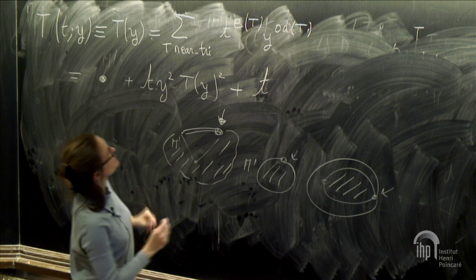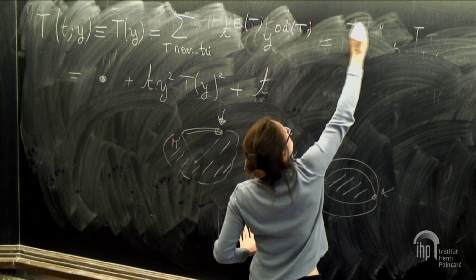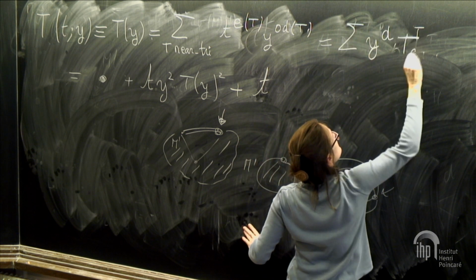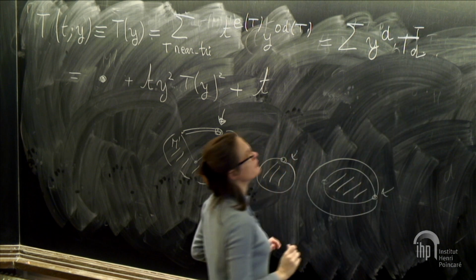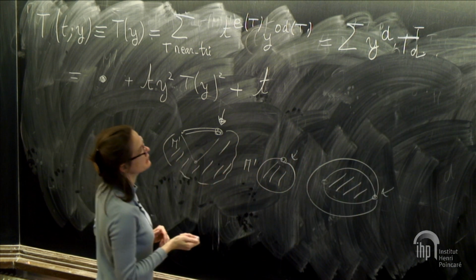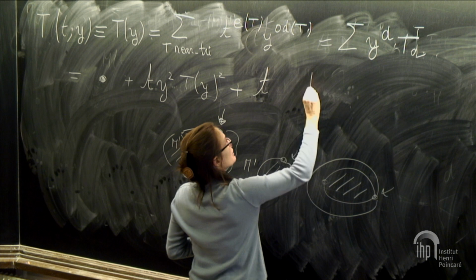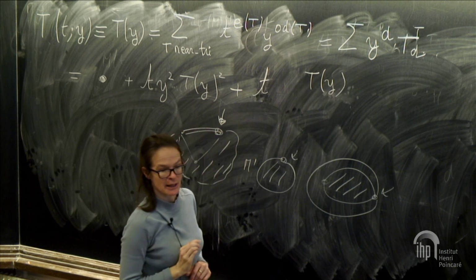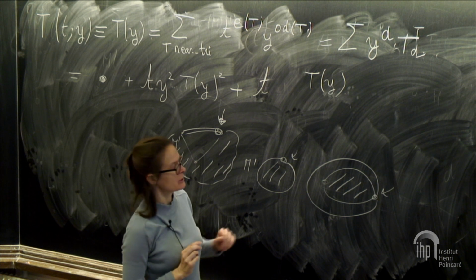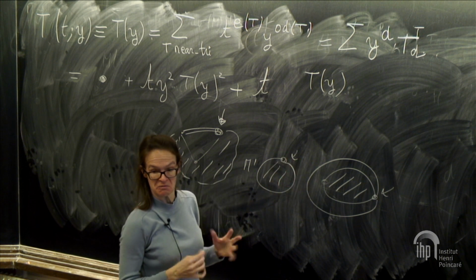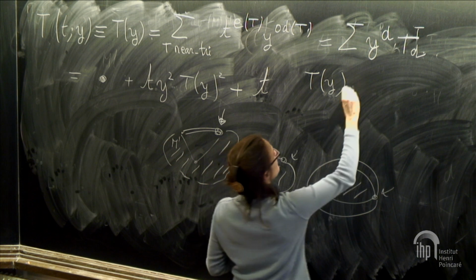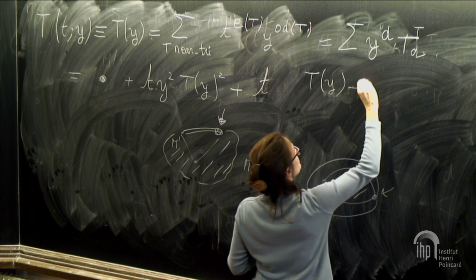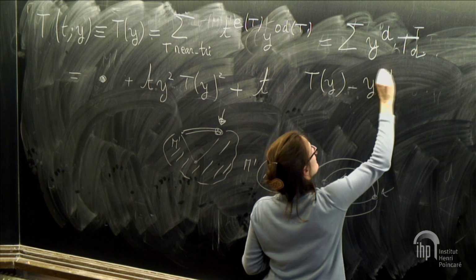Yeah, so maybe I should write this as before, as the sum of y to the d, t d, which is the generating function of near triangulations with outer degree d. So I'm being told that I take all near triangulations except those that have outer degree 1, from which there's nothing I can do. And so their generating function is some contribution, namely y t1.